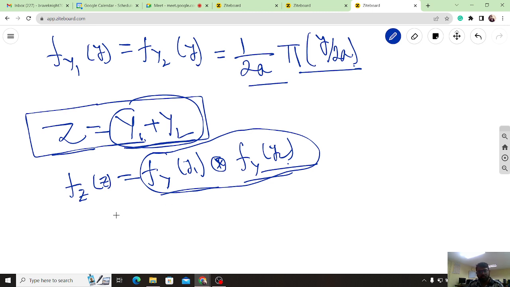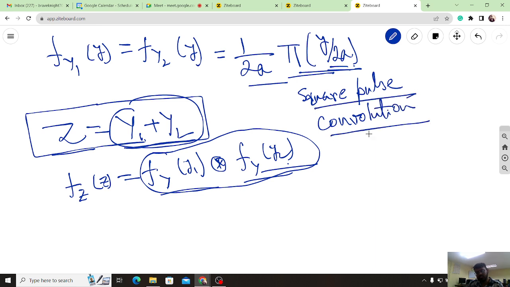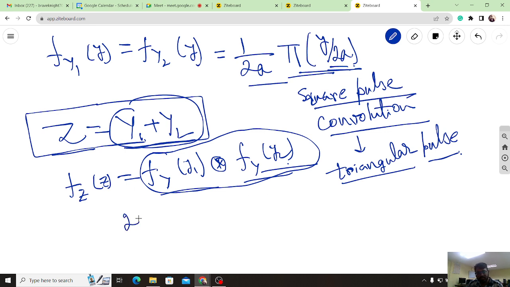So what will come? The convolution of these two square pulses will give us a triangular pulse. And each of the square waves has a width of 2a.